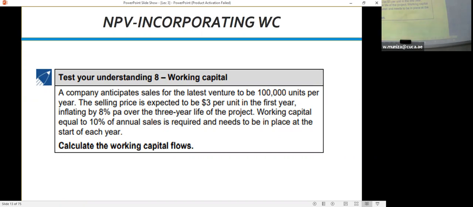In the previous question, the sales amount was given and we had to inflate that one. Now, I suggest you inflate that 3 first, for only 3 years. In the first year, the price is going to remain 3. In the second year, 8% has to be incorporated. So 3.24, right?